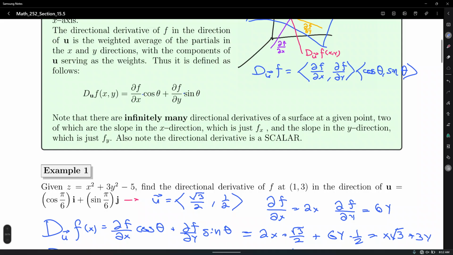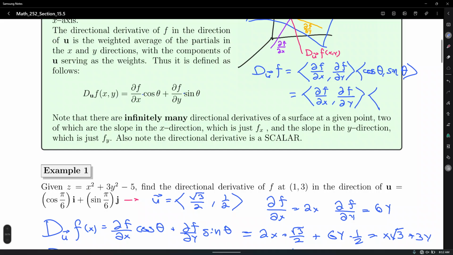So we have to, in a way, detach from the trig idea, because in the end, we can still represent this directional derivative as the dot product between the vector that describes the partial derivatives and not cosine, not sine.